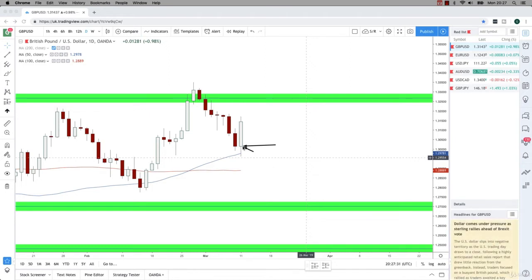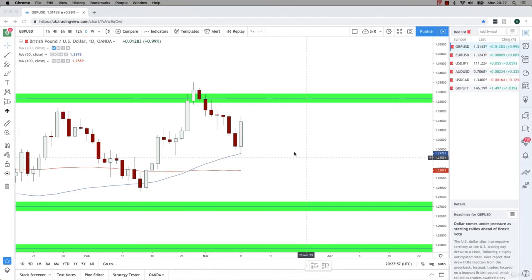So that is where price opened, and price closed at this level here. So this means that price closed above the opening price, which means today was a day where buyers were in control of this pair. So the pound actually increased in value.